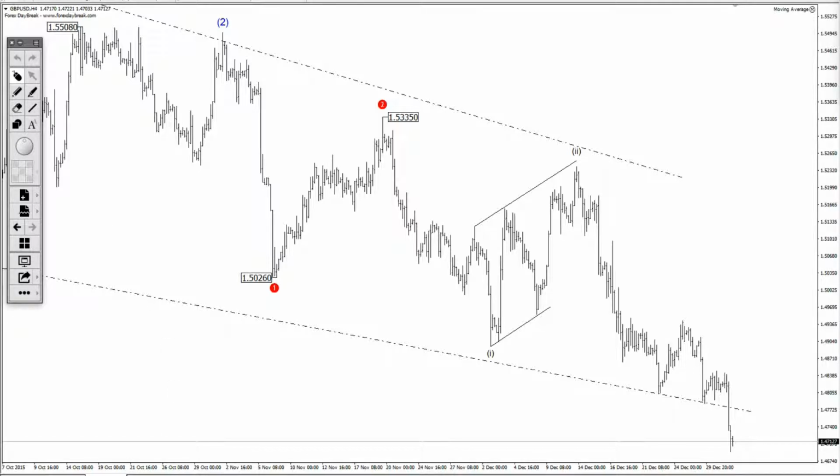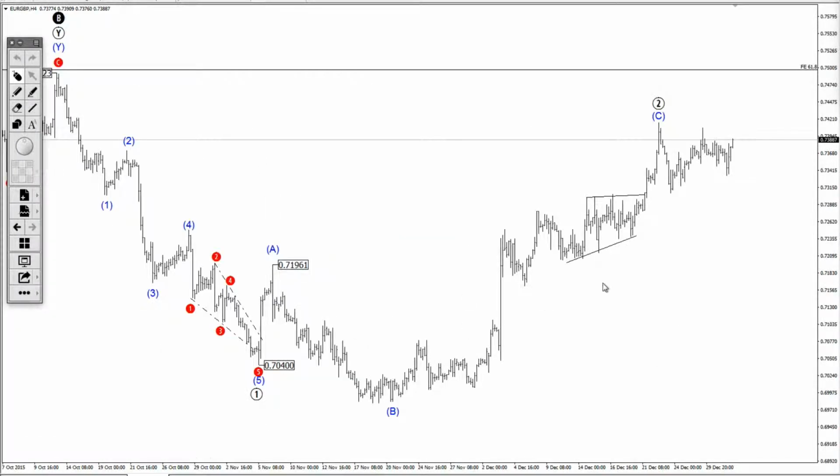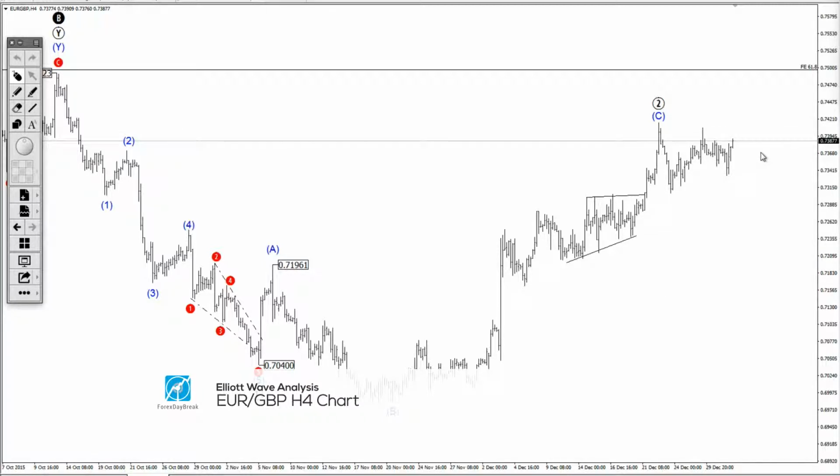Let's see euro pound as well, which has gotten even more complex. I have labeled minor wave 2 as ended, but this is starting to look more complex as we have seen more upside. The latest decline is not looking very impulsive.